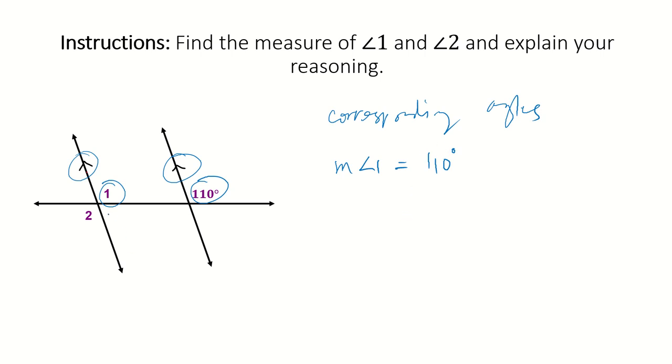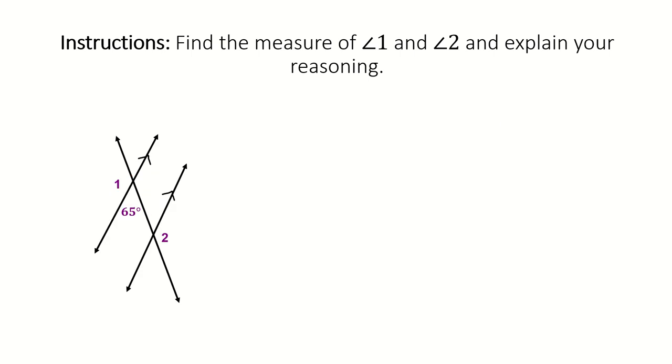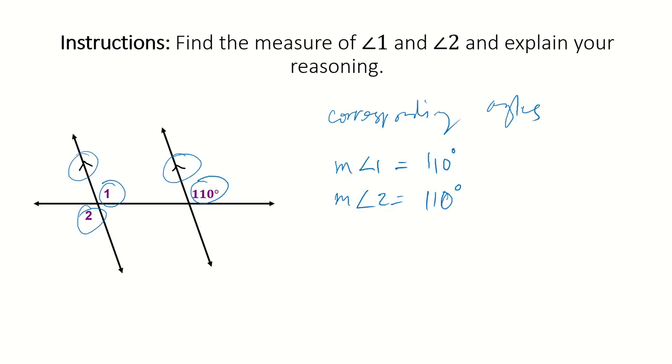But I repeat, only if the lines cut by the transversal are parallel. And finally, the measurement of angle 2 is also 110 degrees. By the way, don't forget that vertical angles are always congruent.